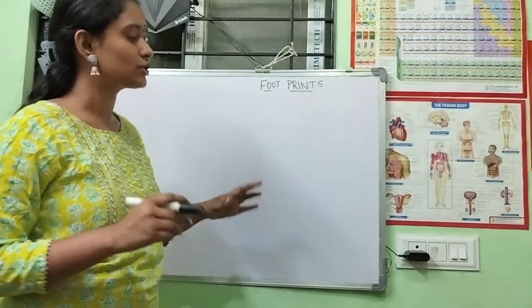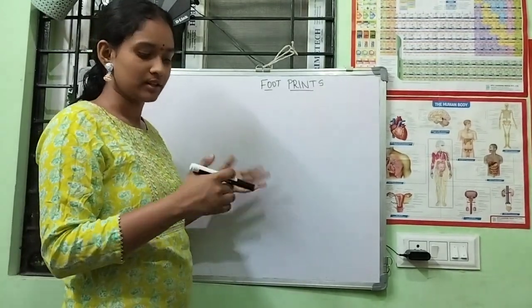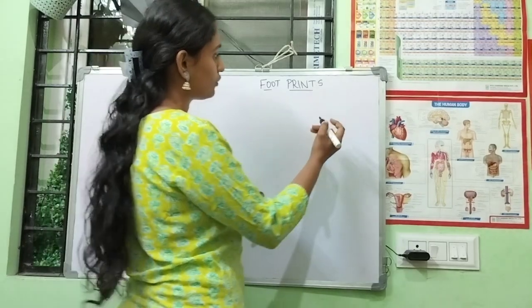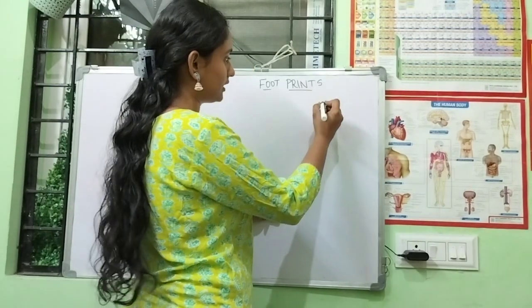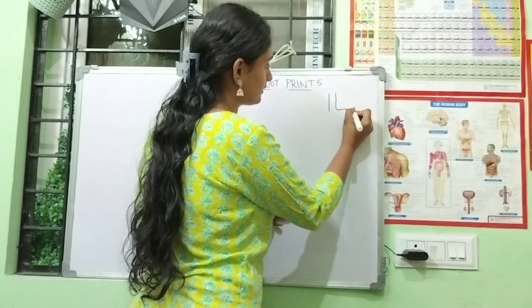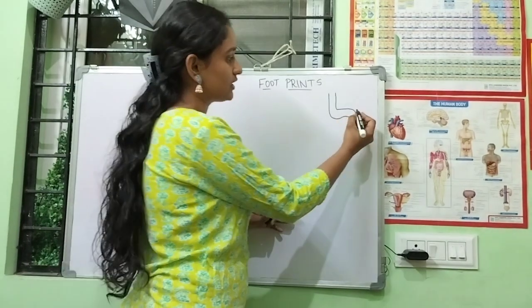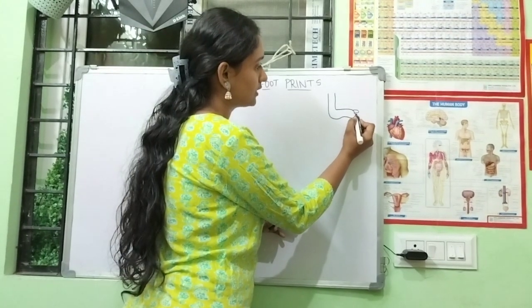Normally, I want to show you how a footprint looks if we find one in some area. First of all, if you take this as the leg, this part has the fingers, the toes.